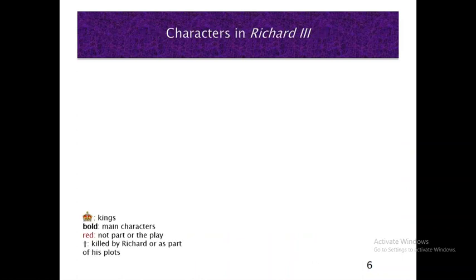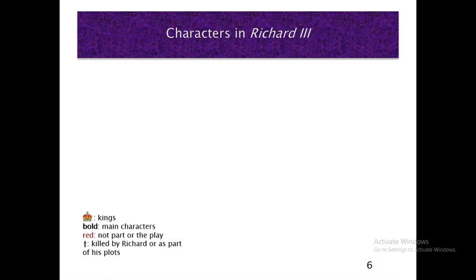Okay, let's look at the characters in the play. First of all, let me explain. I will now show you an overview, and there are a few explanations in order to make it easier for us to understand this. The crown, of course, simply means kings. Bold print means those are protagonists, main characters.